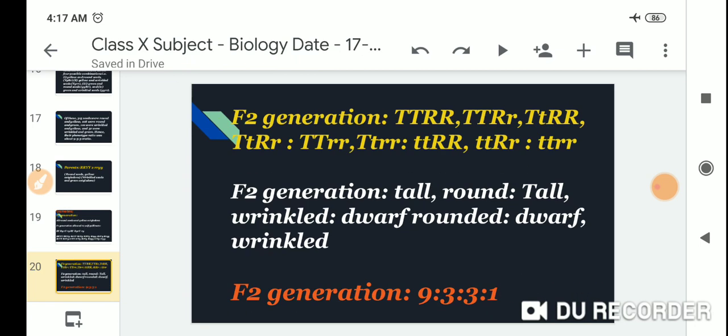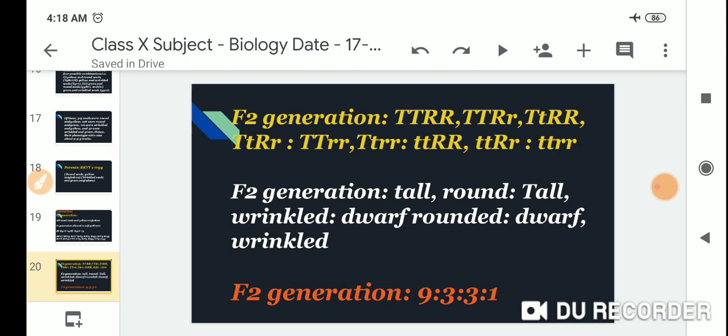The F2 generation is represented in the figure: tall round, tall wrinkled, dwarf round, dwarf wrinkled.